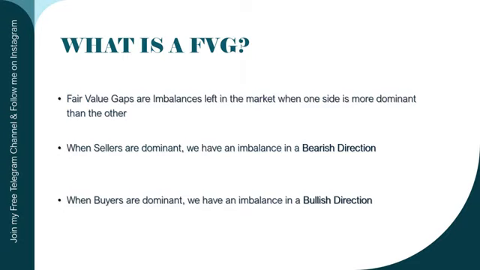Sometimes when the market is bearish, meaning the selling pressure is dominant, the imbalances that are going to be formed are going to be bearish fair value gaps. So like it is already pointed out here, when sellers are dominant, we have an imbalance in a bearish direction. When buyers are dominant, we have an imbalance in a bullish direction.